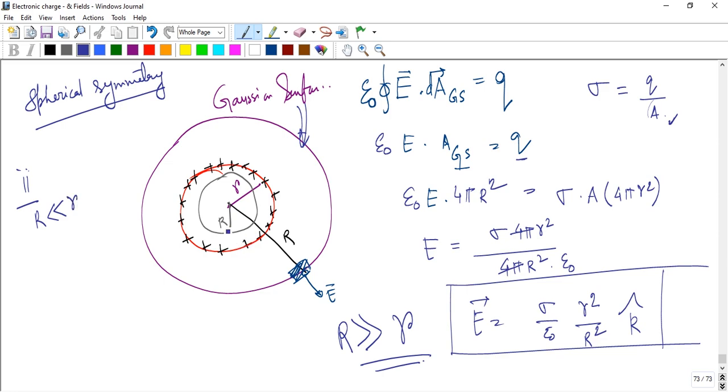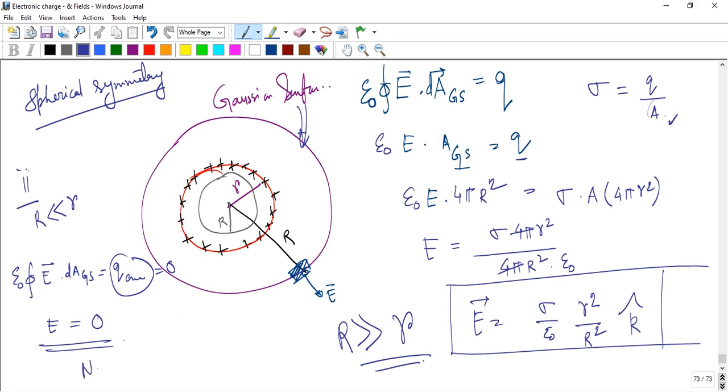And we see very carefully, this gray surface doesn't contain any charge. So epsilon naught times E dot dA over the Gaussian surface equals the charge enclosed, which is 0. So E equals 0 in this case, since no charge is enclosed by the surface.